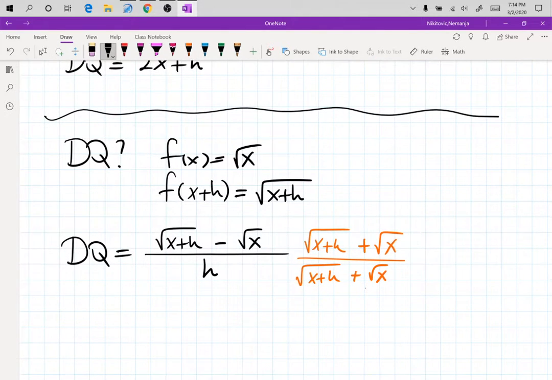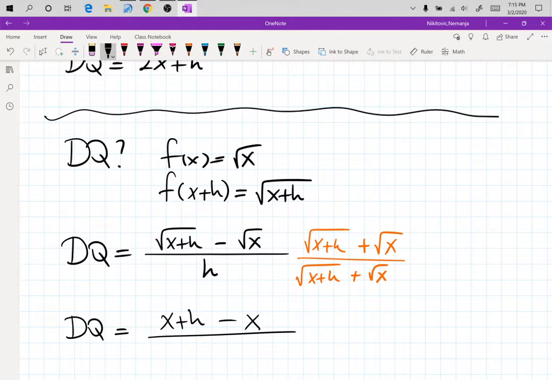Now I am going to deal with this. When I multiply, we get x plus h minus x divided by h times the square root of x plus h plus root x.